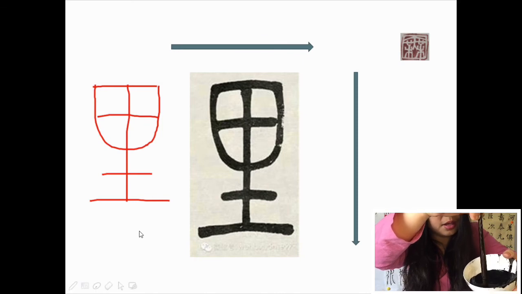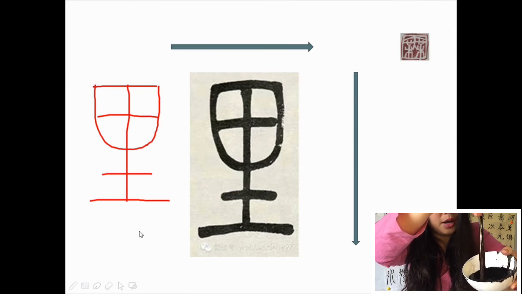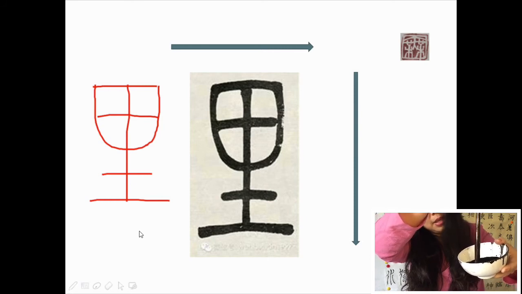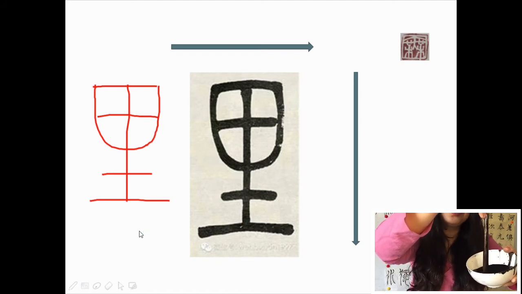Put it in for a while, and the ink will gradually come up to the middle and the root of the brush. But don't put the whole brush into it, okay? Only 1/3. You can see the ink gradually come up to the root.